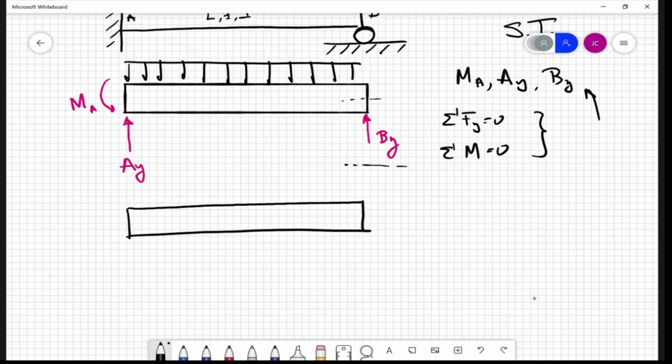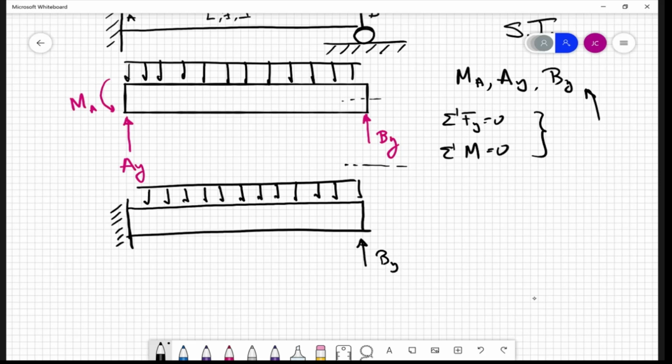So I'm going to be built in here at A. We still have the distributed load. And I'm going to put a unit force here for B_Y. And remember, what we did was we let this be a unit force, like 1 kilonewton or whatever it works out to be, right?